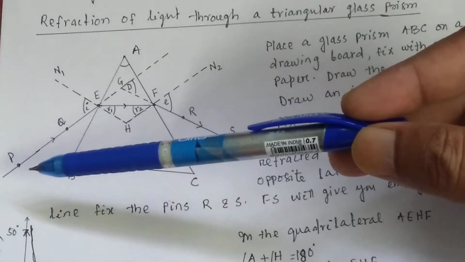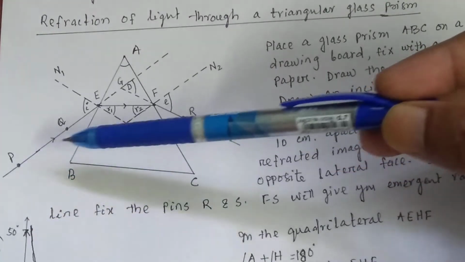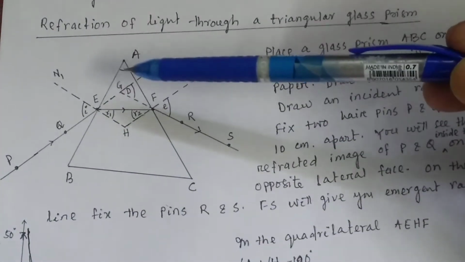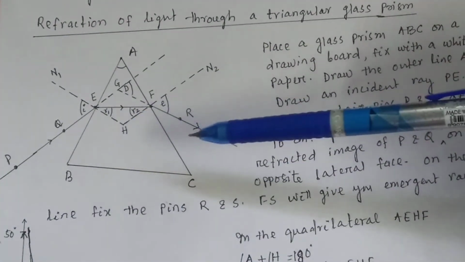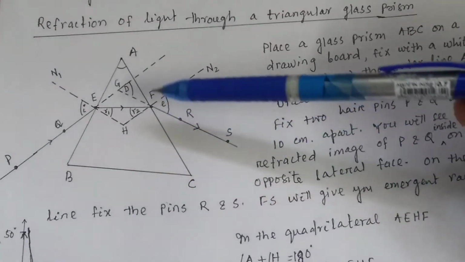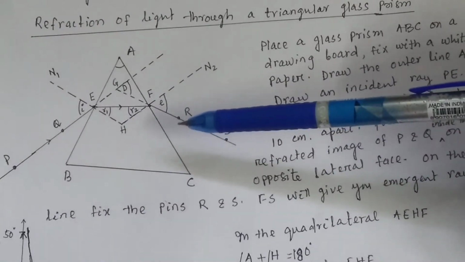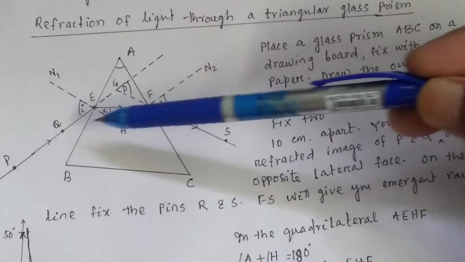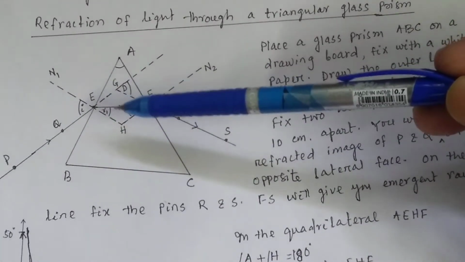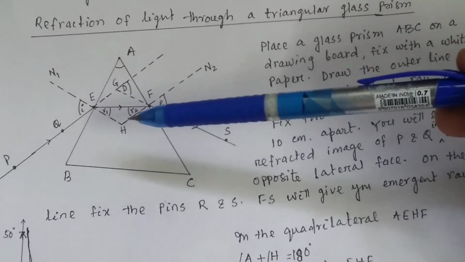You will see the refracted image of the pins P and Q inside this prism, if you look at the prism from this side, the opposite side of PQ.